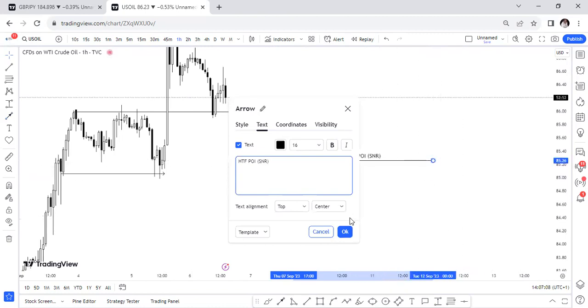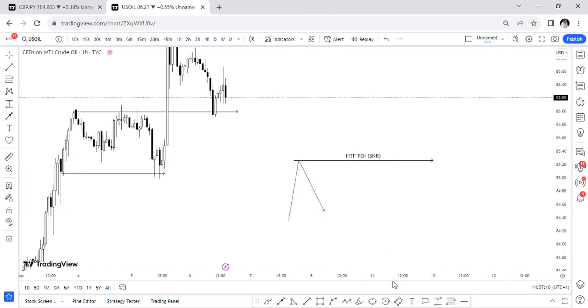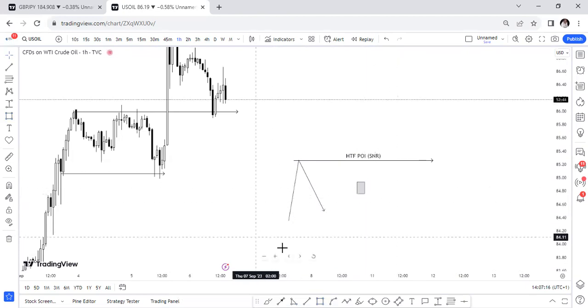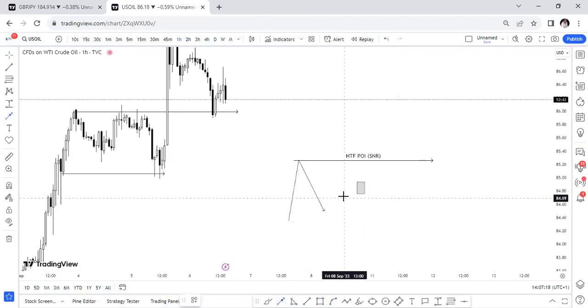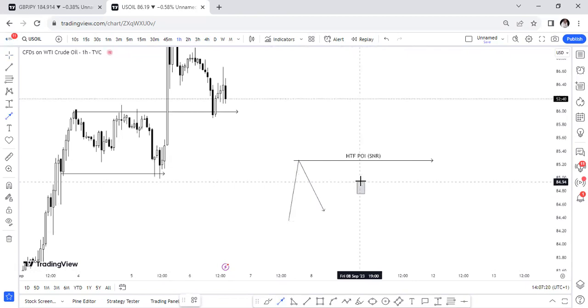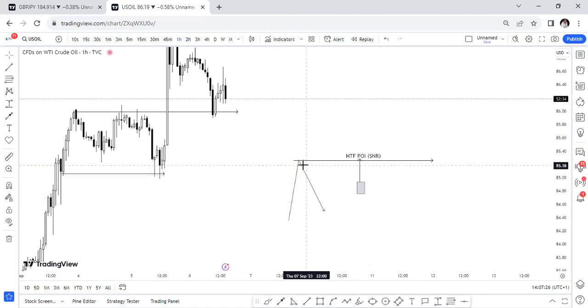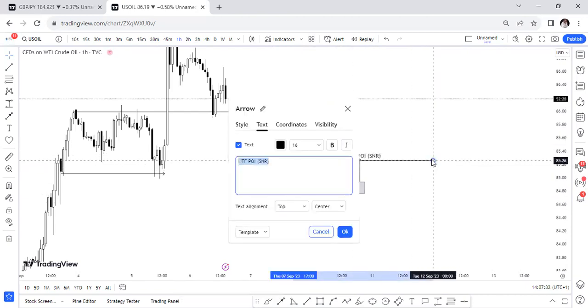I told you, you must see something like this for you to sell. So if this is your daily or weekly SNR, this is your weekly SNR.